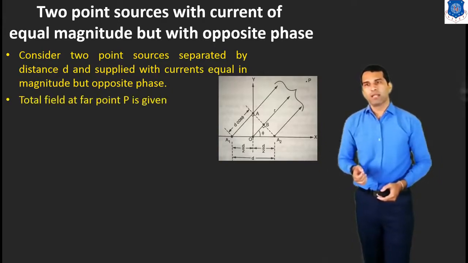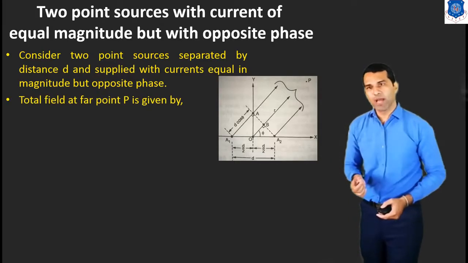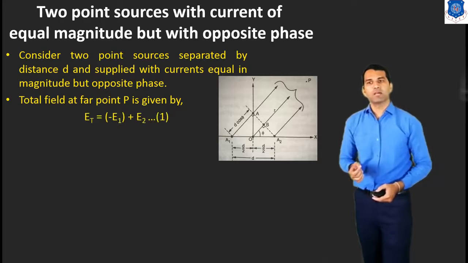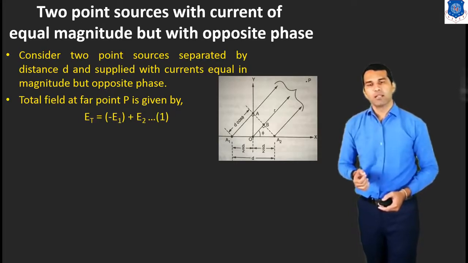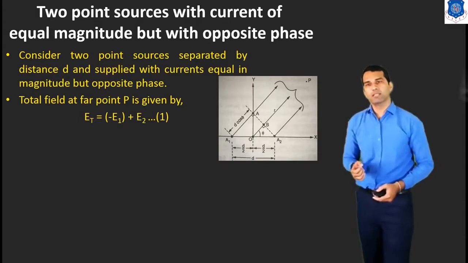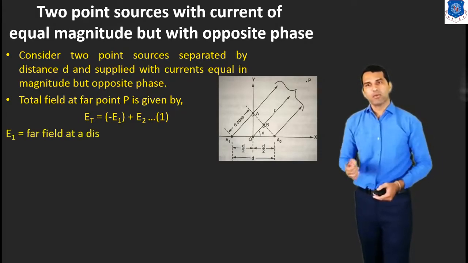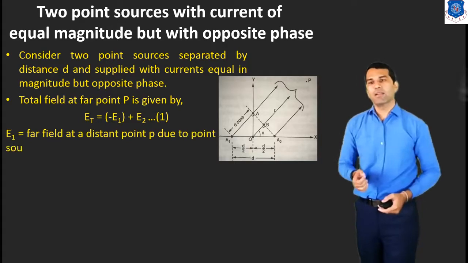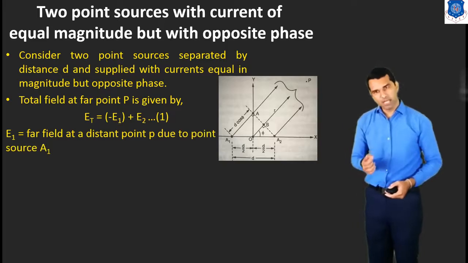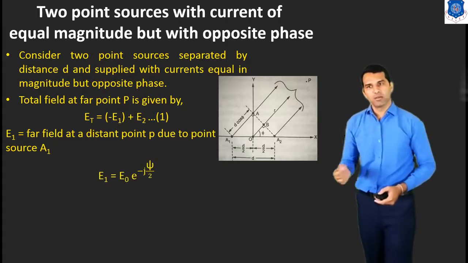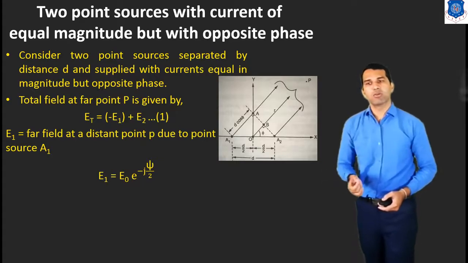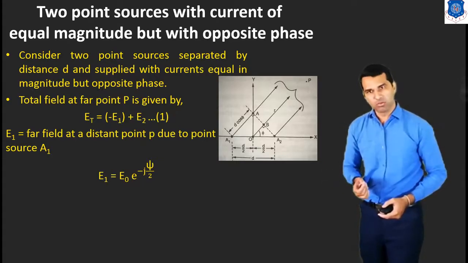Total field at the far point P is given by, we know that ET is equal to E1 plus E2, but here the phase is not the same. That's why here I have written ET equals minus E1 plus E2, where E1 indicates the far field at a distant point P due to point source A1. Same as in the previous lecture, E1 is nothing but E0 e raised to minus j psi by 2.